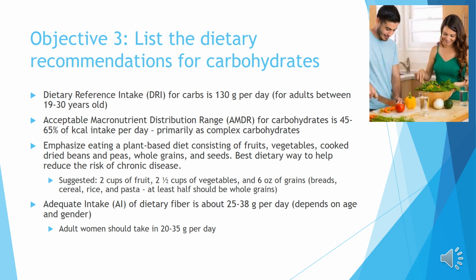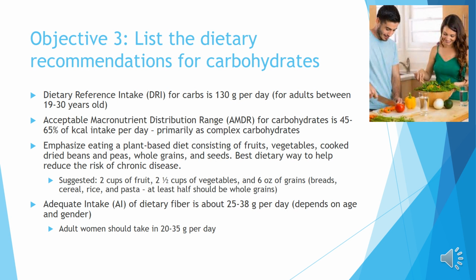But remember, 45 to 65% doesn't mean we want to have a lot of simple carbs. We want those to be primarily complex carbohydrates. So not all carbohydrates are bad, like we discussed in our discussion. We do need carbohydrates. In fact, we need 45 to 65% of our total kilocalorie intake per day as carbohydrates. But what we want to do is emphasize eating a plant-based diet.